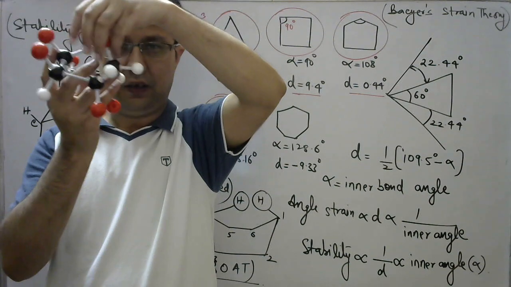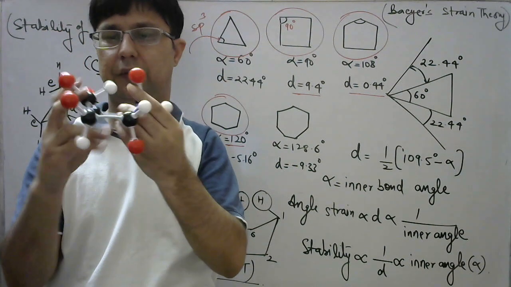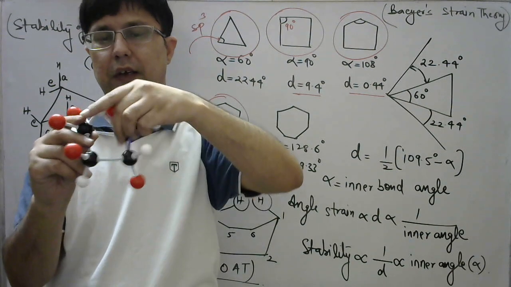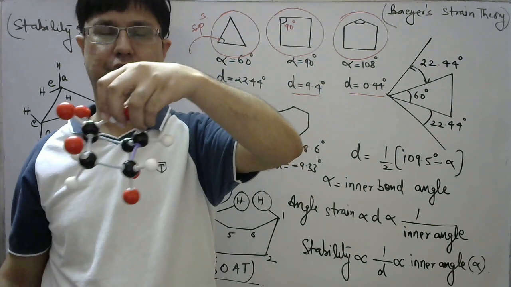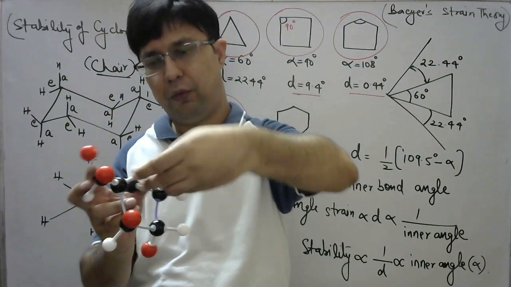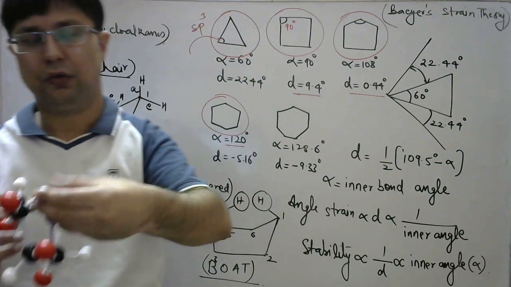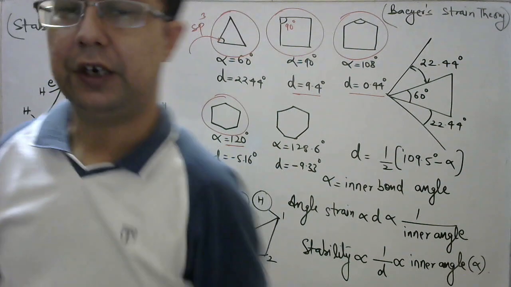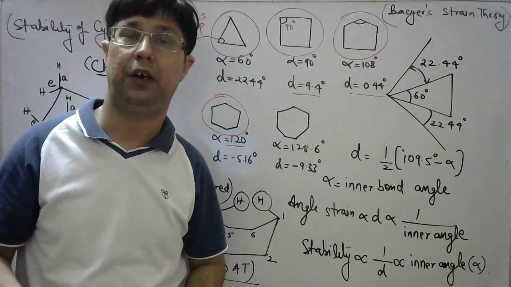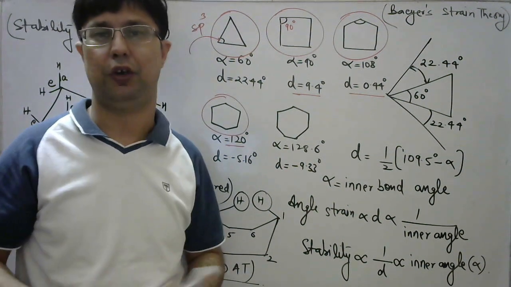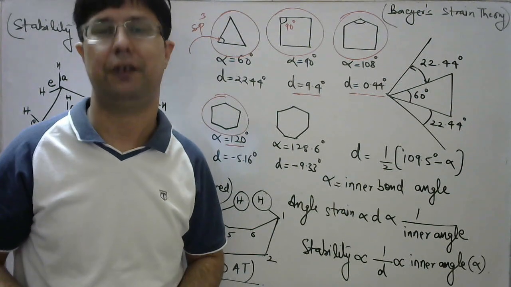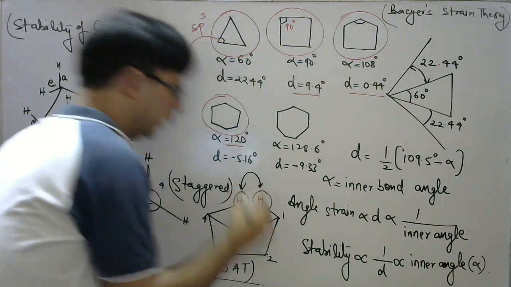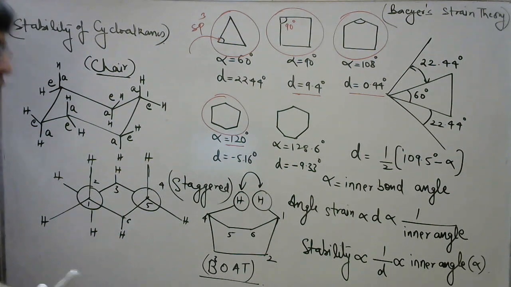When they are close to each other, these are called flagpole hydrogens. And these flagpole hydrogens, because of their closeness, create a repulsion, a strain in the molecule, which is called the flagpole interactions. These two hydrogen atoms are creating the flagpole interactions.